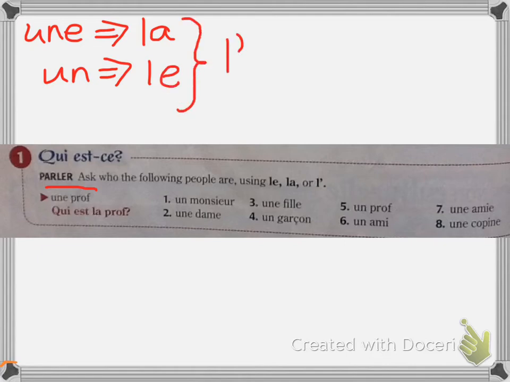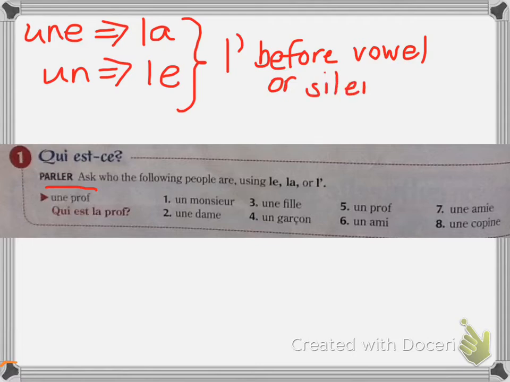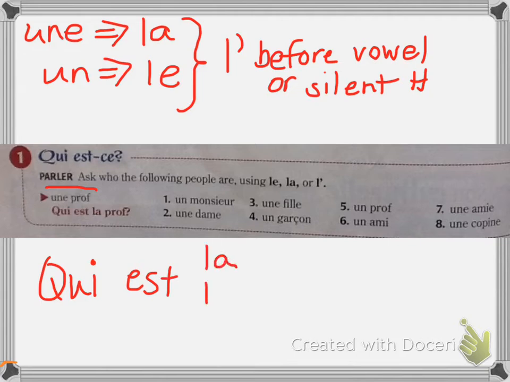It's going to be L apostrophe before a vowel or a silent H. Okay? So, because our prompt is une prof, our answer becomes qui est la prof. So, all of your answers are going to start with qui est. And then you're either going to have la or le, and then the word that they give you.